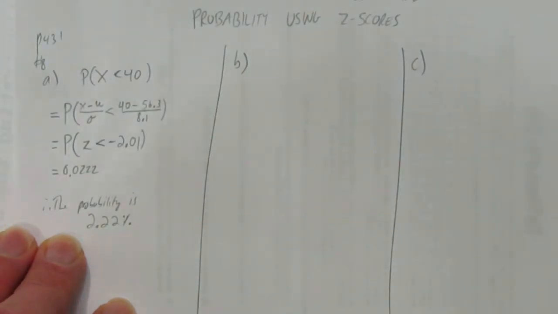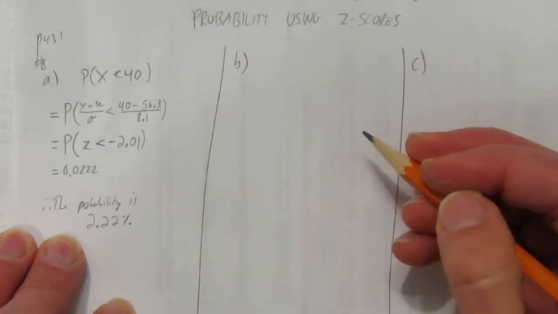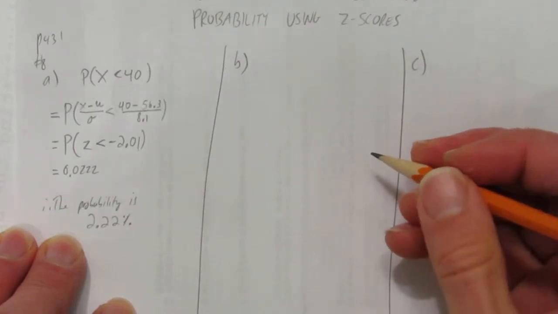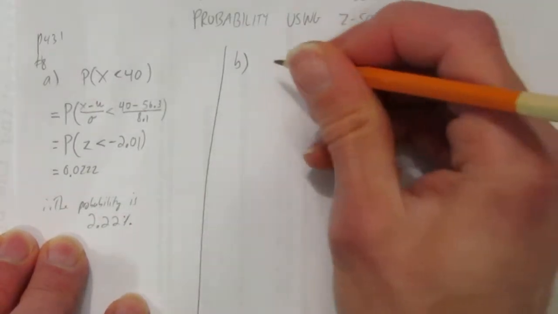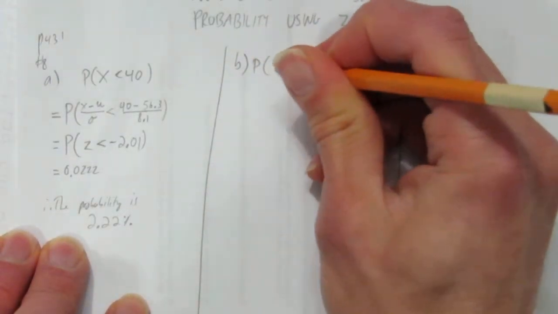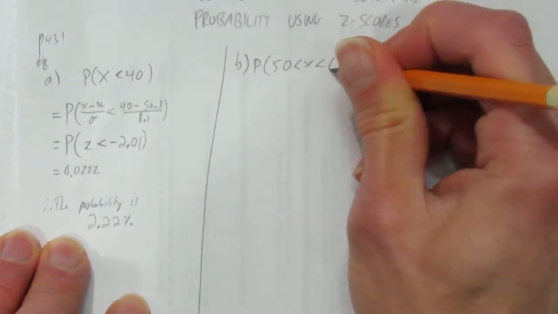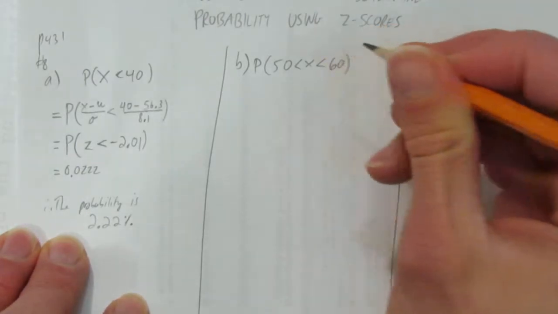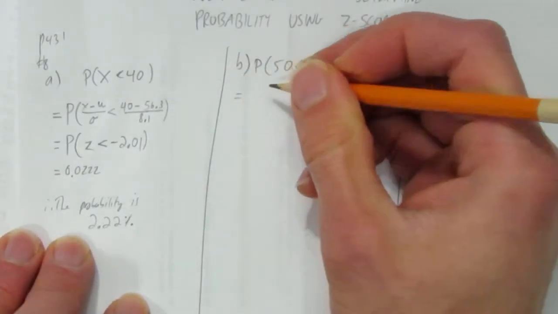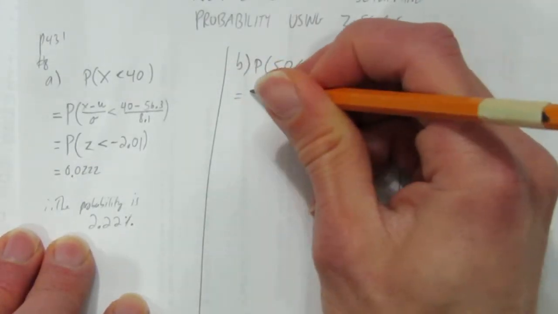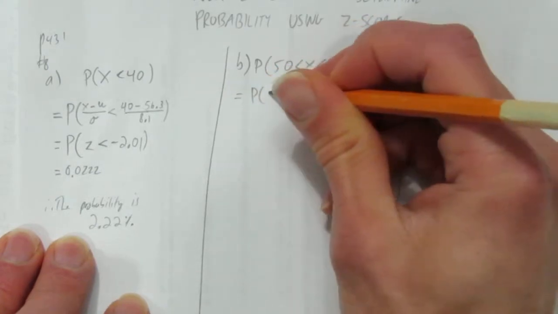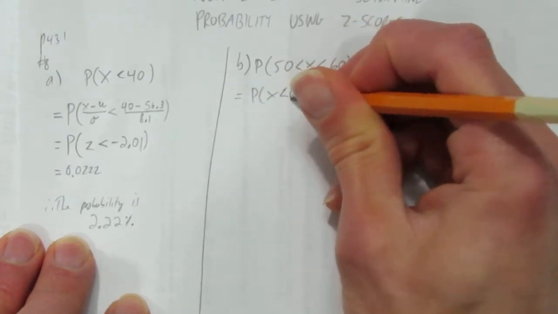Question B says, in what percent of the games will the success rate be between 50% and 60%? So what that is asking is, what's the probability that X is between 50 and 60? What we really want to know is the probability that X is less than 60.